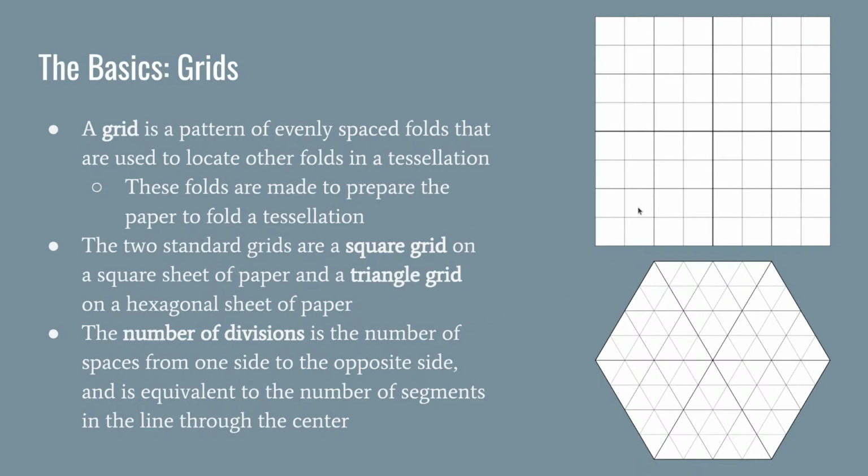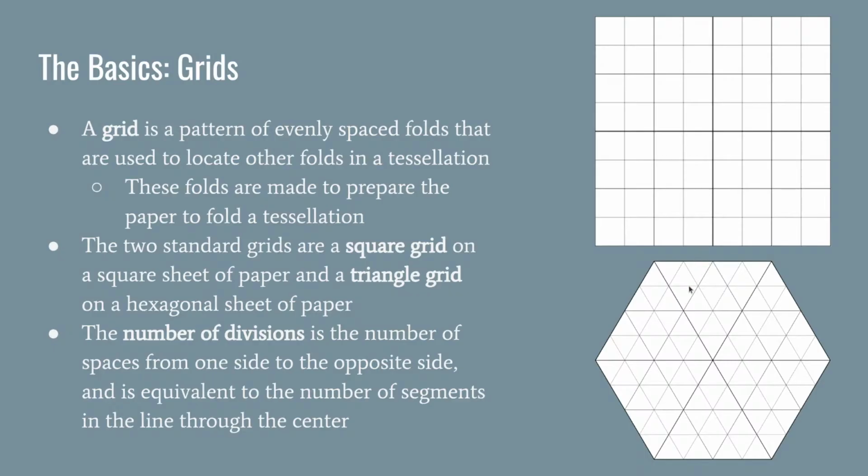So the two standard grids I have here on the screen, the square grid on a square sheet of paper, triangle grid on a hexagon, and the number of grid divisions for both of these is the number of spaces from one side to the opposite side.